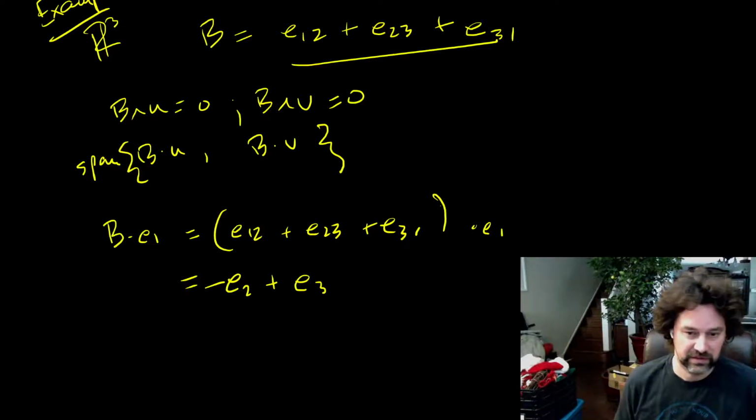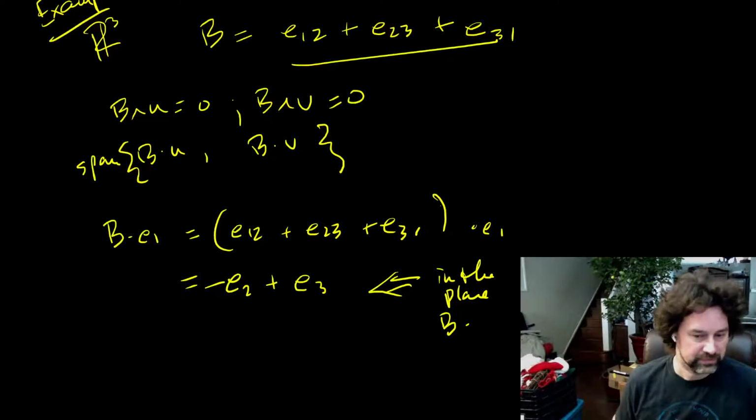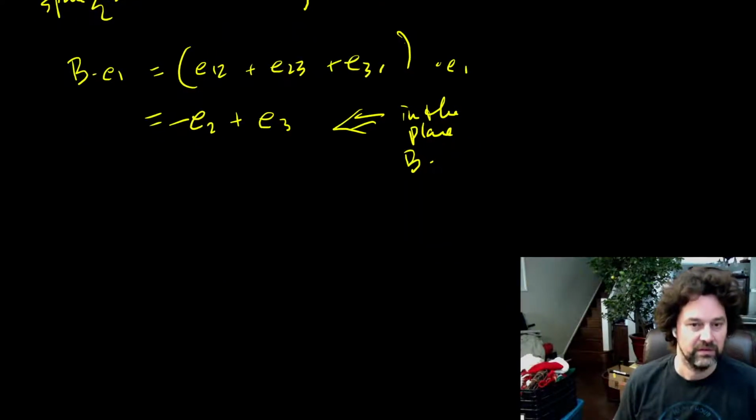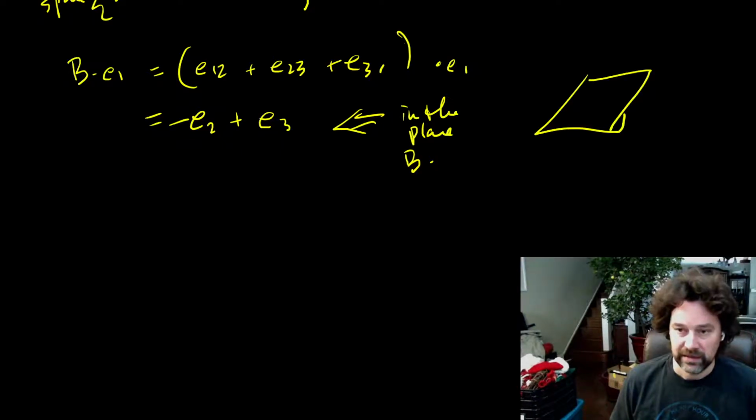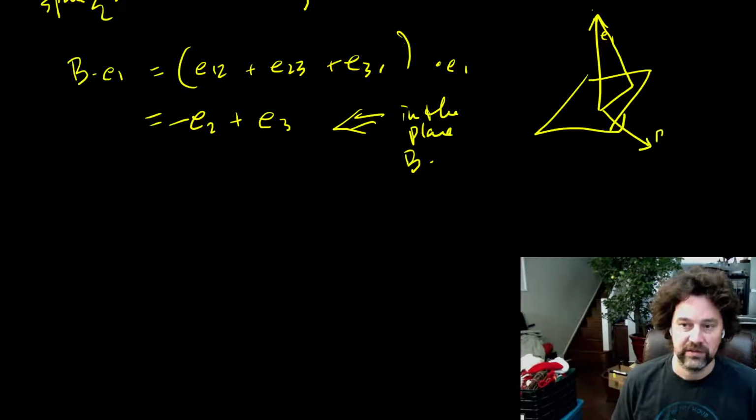So there's a vector in the plane represented by B. So we can compute an arbitrary dot product, find its projection. So if we had this plane and suppose that was e1, then we just found this vector b dot e1.